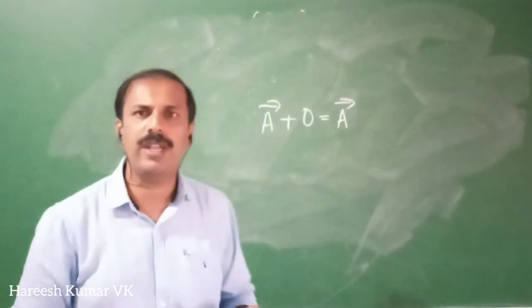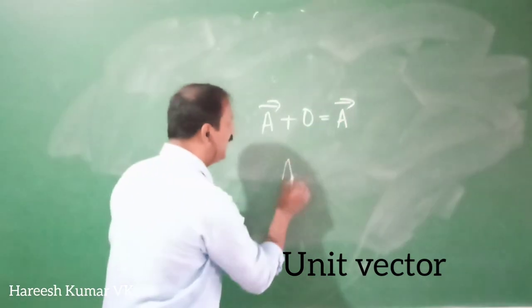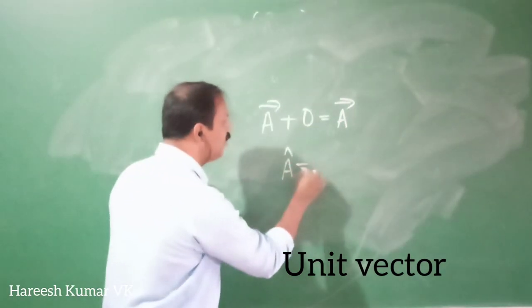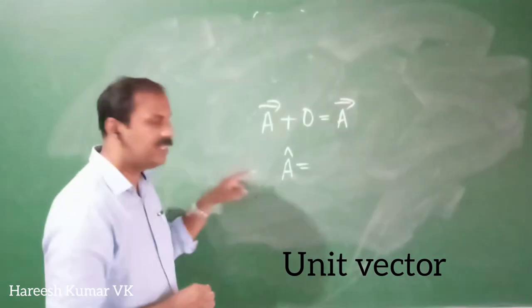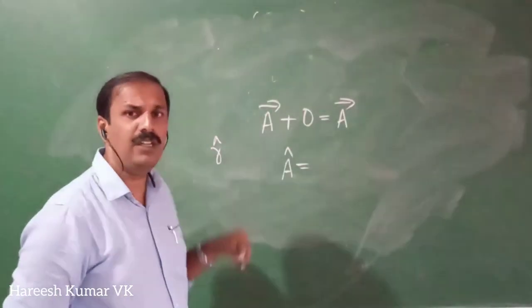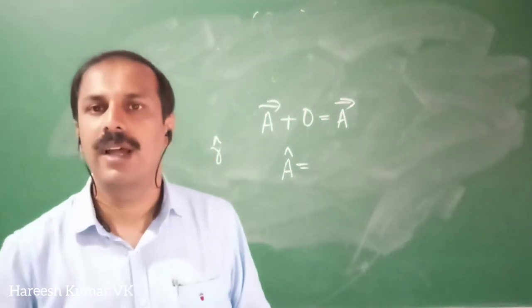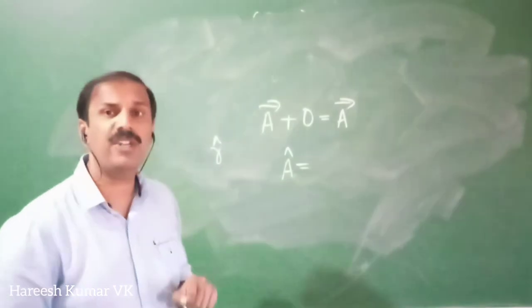And we have something called a unit vector also. Unit vector means if you write A and a cap like this, it is called a unit vector. If you are writing R like this, then the meaning of the unit vector is that the vector is having magnitude 1 and, very importantly, it is having a direction.